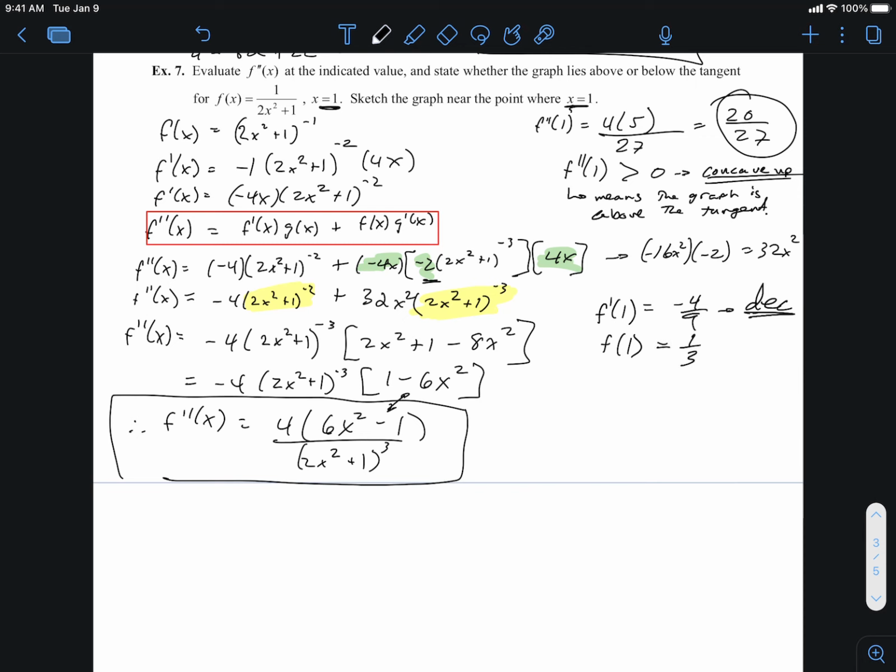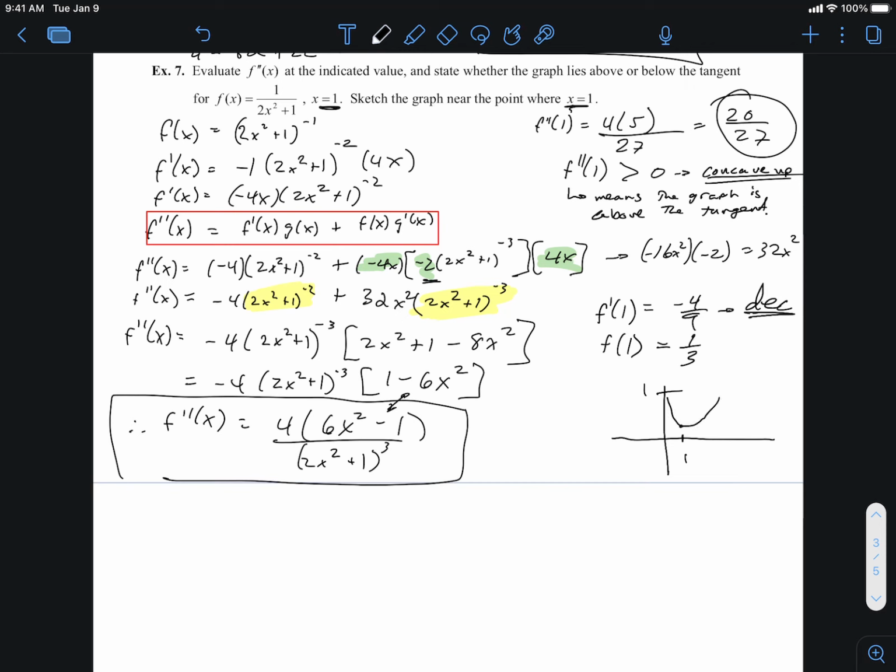Okay, so we could plot this. Let's draw a rough sketch. At x equals 1, we're going to get 1/3. So something like right in here, right? If this was 1 up here, it would be 1/3 of the way. And we know that the graph is decreasing when it approaches here, and it's going to be concave up, right?